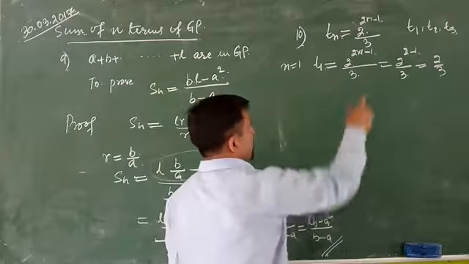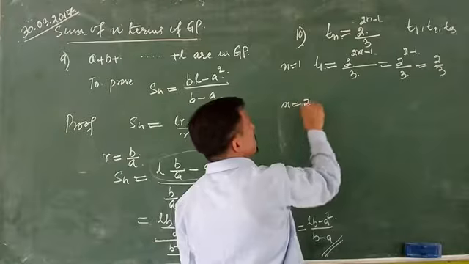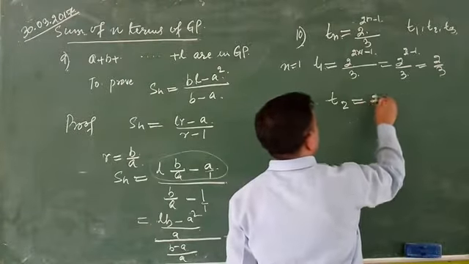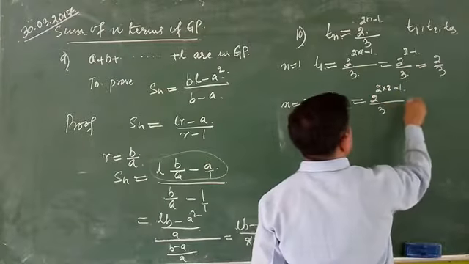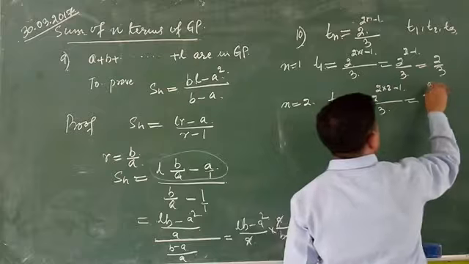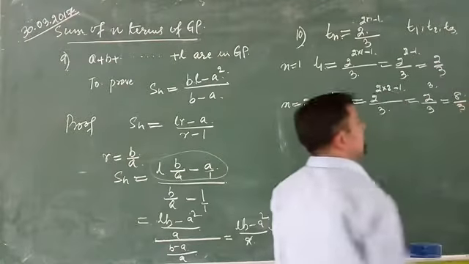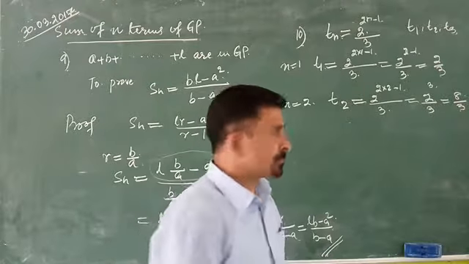Yes, sir. This is the first term of the GP. Likewise, the second term, when n is equal to 2: T2 is equal to 2 to the power (2 into 2 minus 1) divided by 3. This is 2 to the power 3 divided by 3, which is equal to 8 over 3, the second term of your GP. Done? Yes, sir.